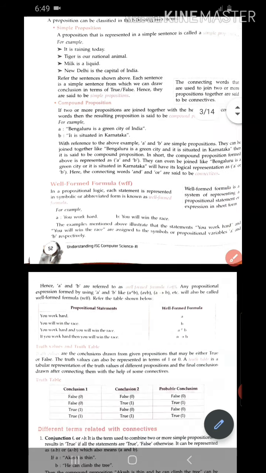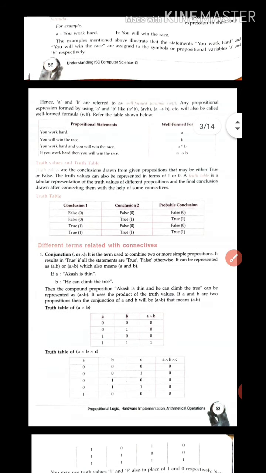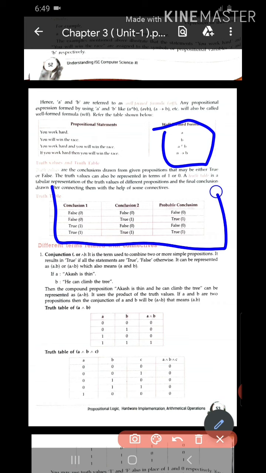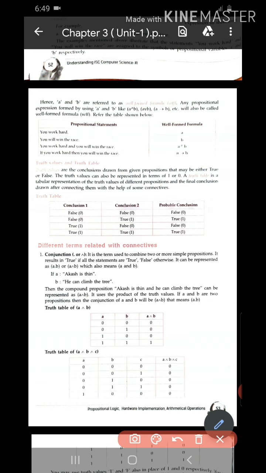These are the symbols, and we can use these as well-formed formulas. We have a truth table for that also. In this truth table, 0 indicates false and 1 indicates true. And you can put things together in the form of a truth table.